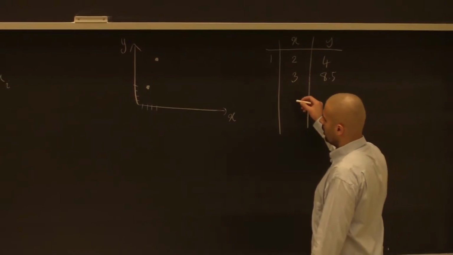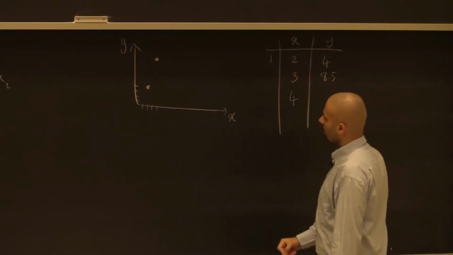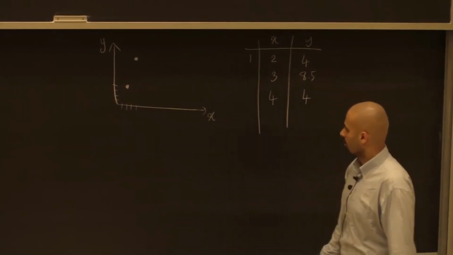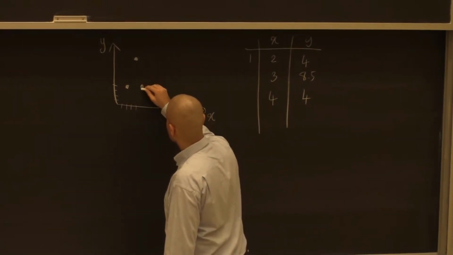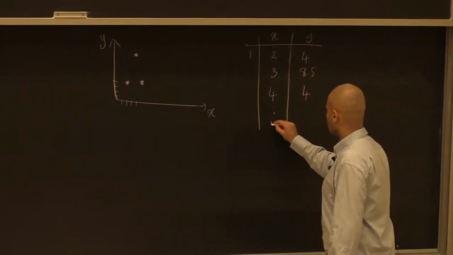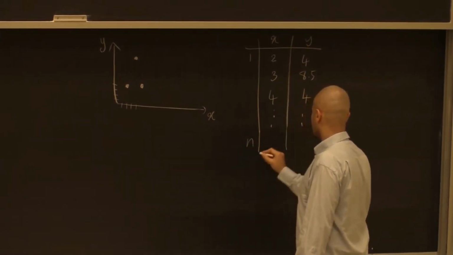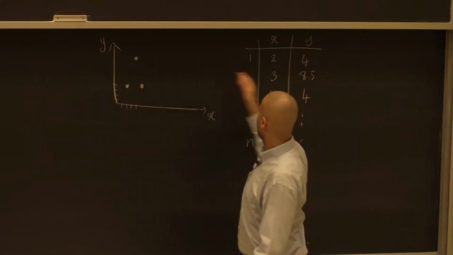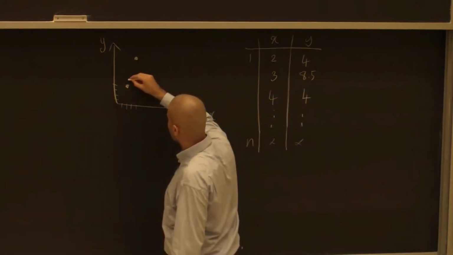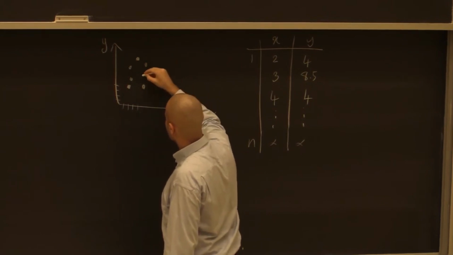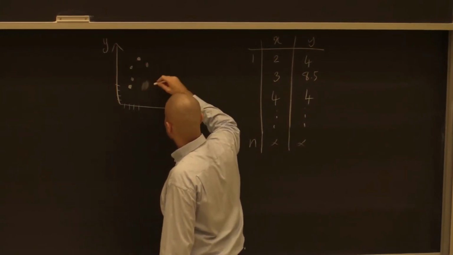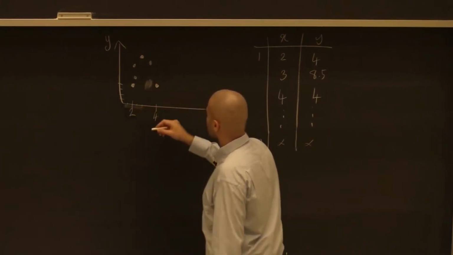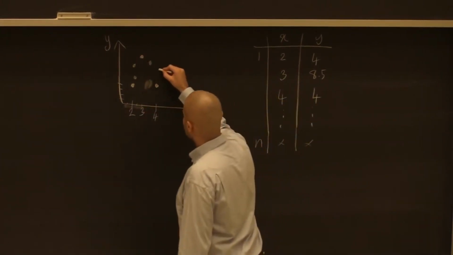And then 4 and 4 again, something like this. And then a bunch more data points all the way to n data points in total. So there's some value here, some value here. These are the 3 points, and let's say there are a couple more, something here, something here. Let's say these are the data points.